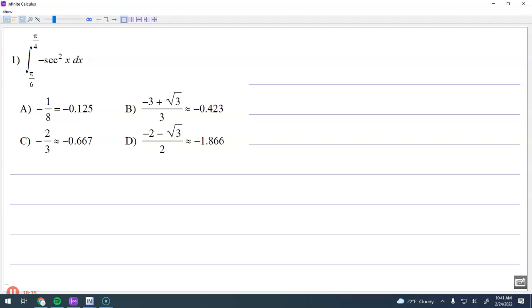Let's see here. Come on, son. Red line is like over top. Yeah.